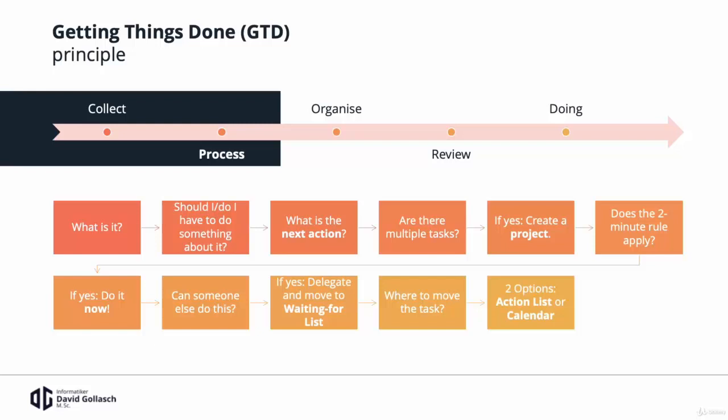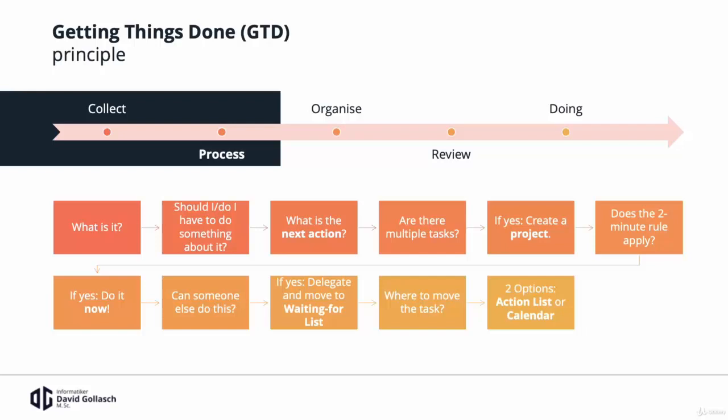I remarked before that probably you can move some tasks, some actions to someone else, you can delegate it without the need for following up. Then it's not necessary to put this onto a waiting for list. But if it's necessary that you keep track of the progress of these actions, of this task, then put it onto your waiting for list.